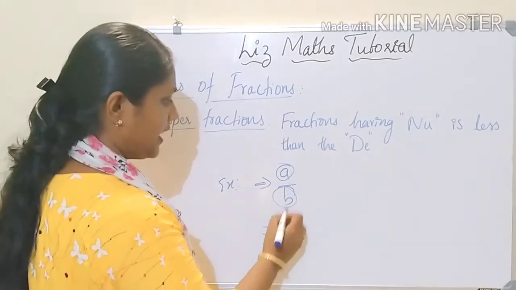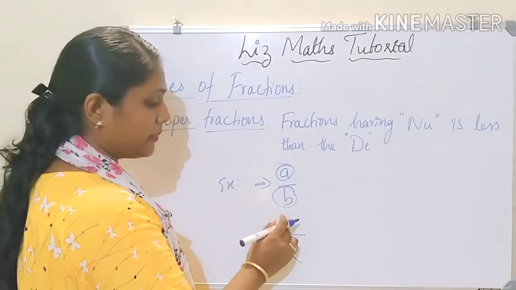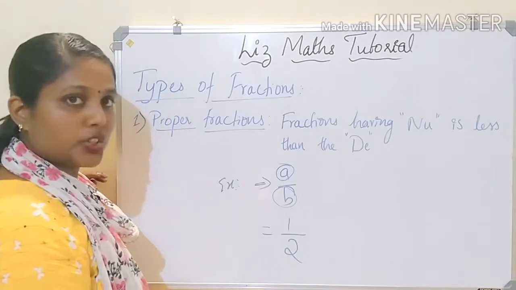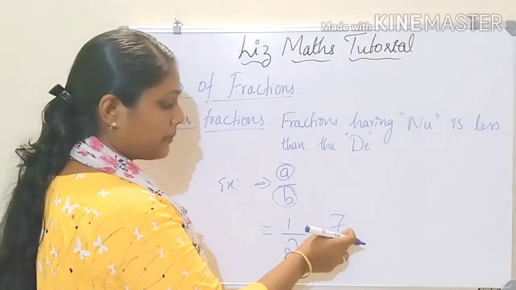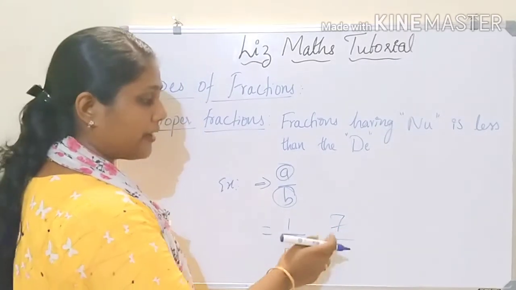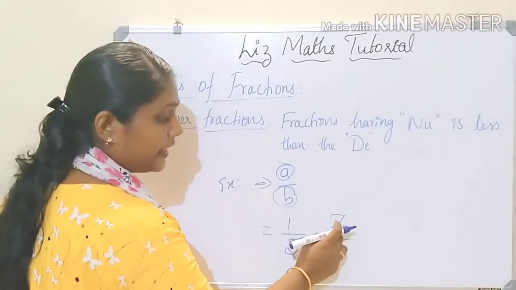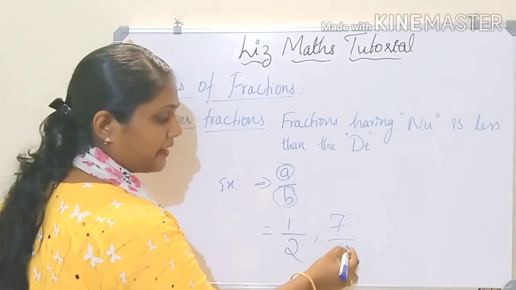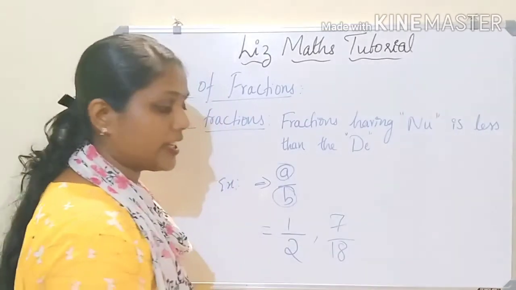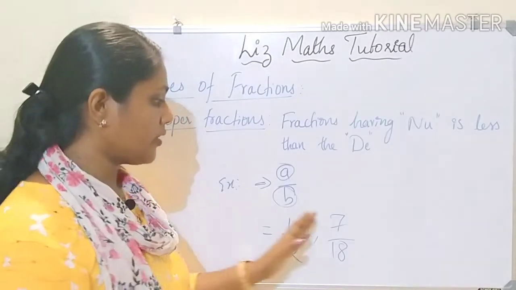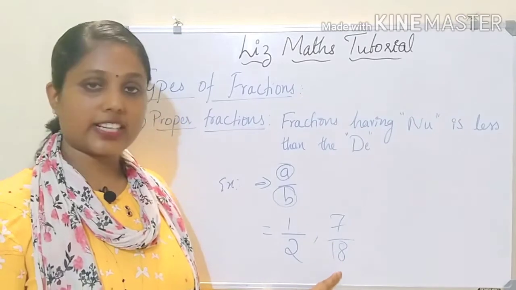So if I write a as 7, that is the small number, then when you write the denominator, you have to write a number greater than this. You can write 8, 9 or 10 or 18 or anything. But you cannot write a number less than 7. That is, you cannot write 6 here.